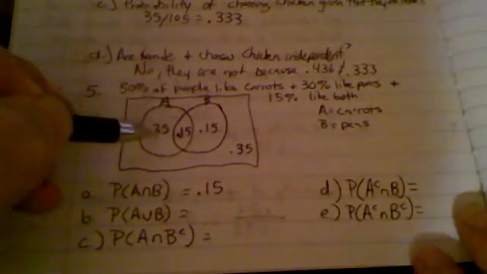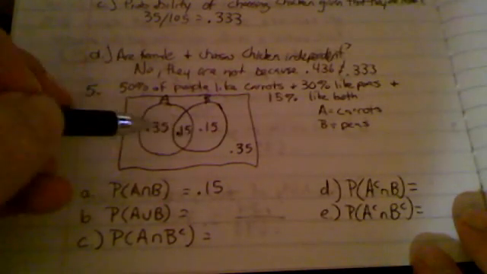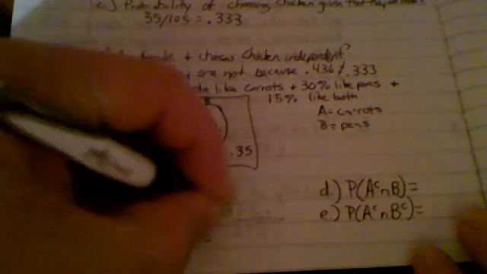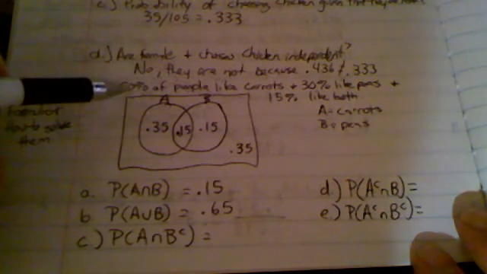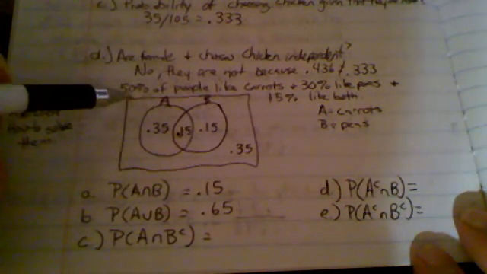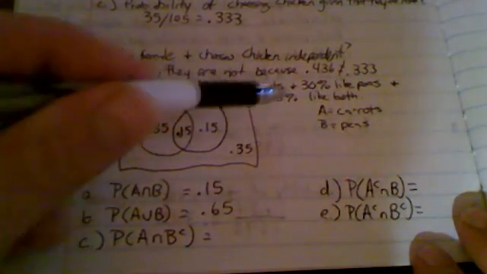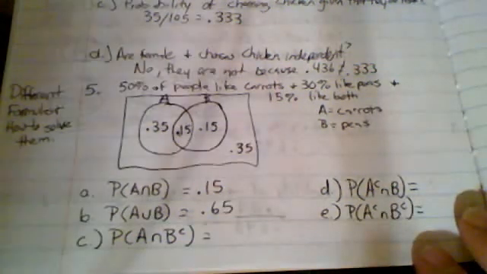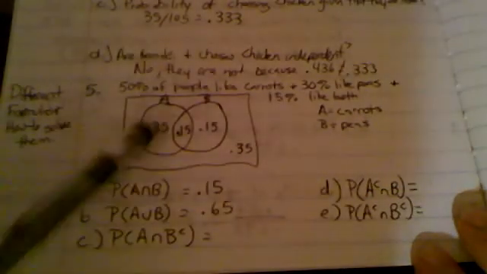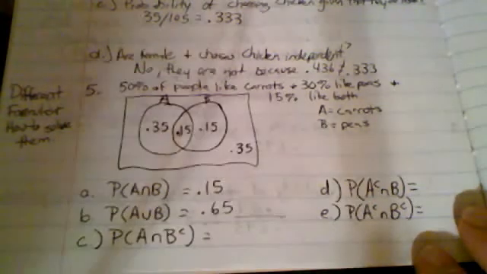So to get that, you're adding these together, and you get 0.65. You could also have said 50 plus 30 minus both. So 50 plus 30 is 80, minus both is 65, or you can just add these together.